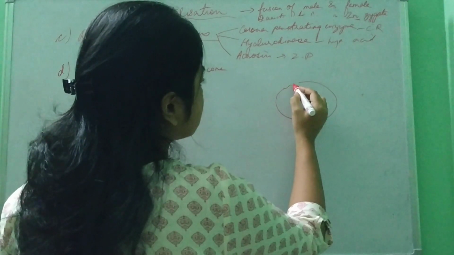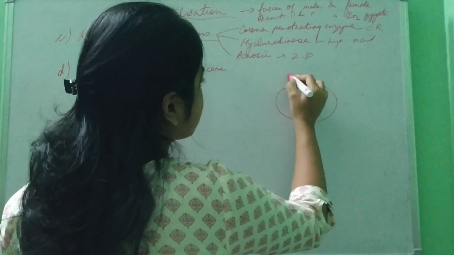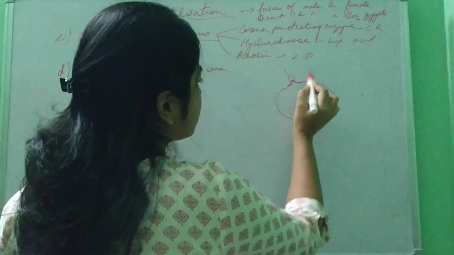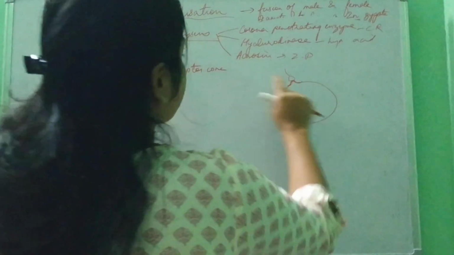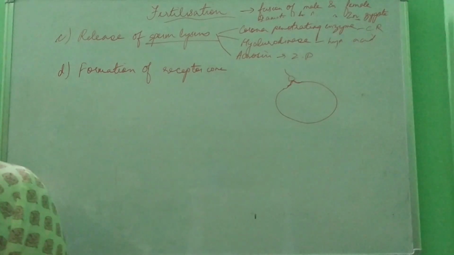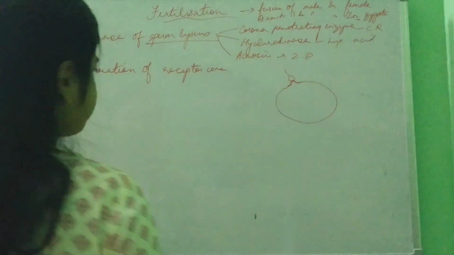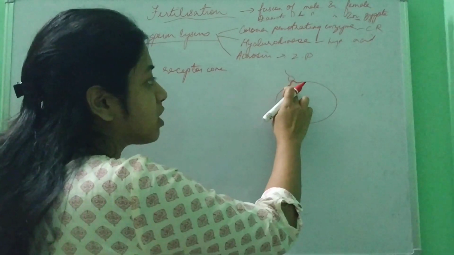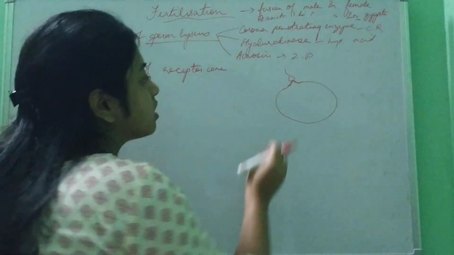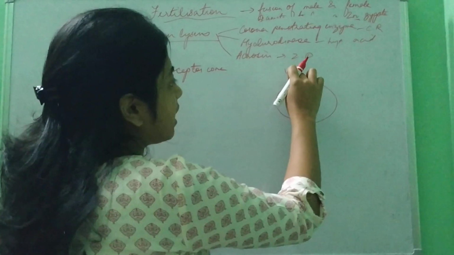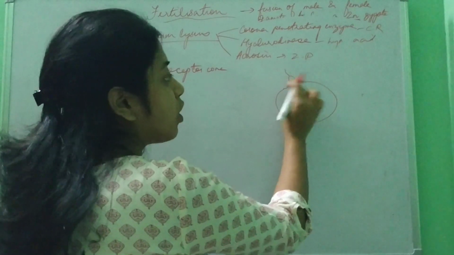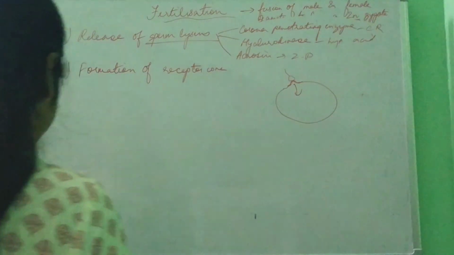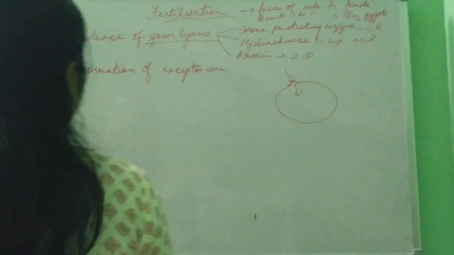When the sperm comes from this side, a conical structure will be formed here. This is the receptor cone or fertilization cone. This conical structure is present on the animal pole, because through the animal pole the sperm enters. The sperm will attach to it, this membrane will be gone, and the sperm will enter the egg.